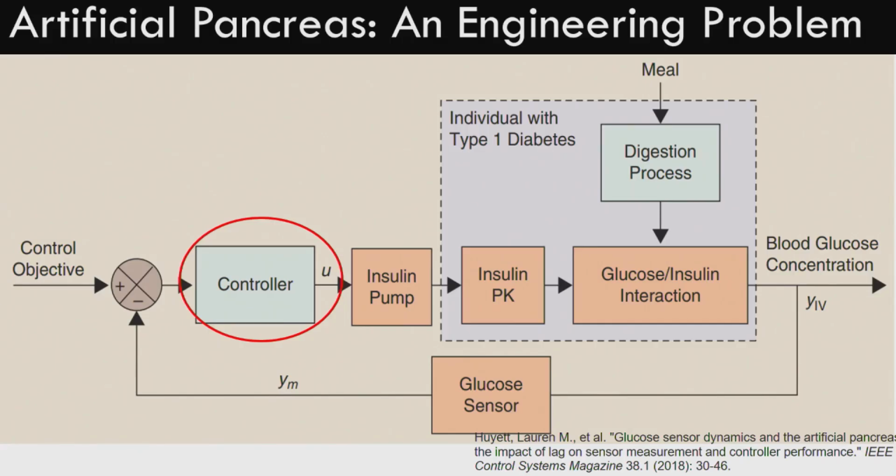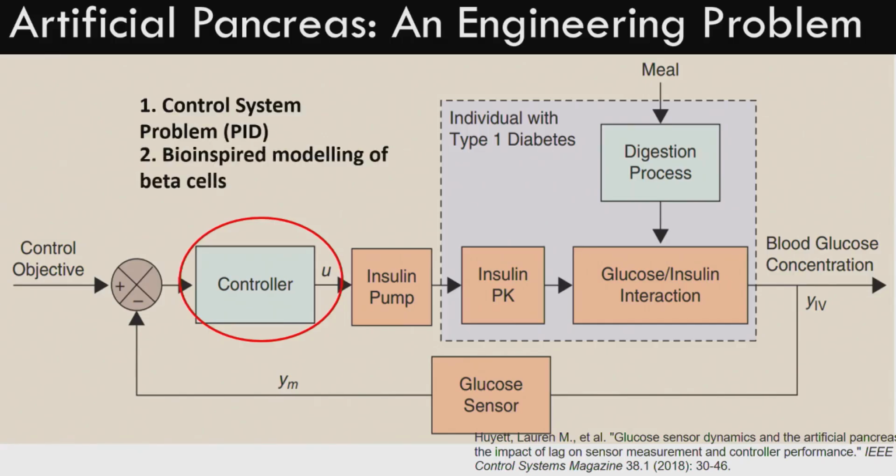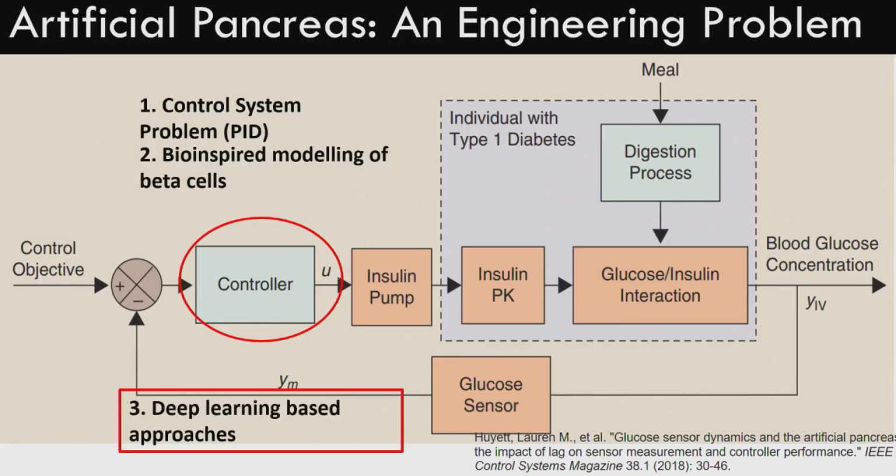The AI model sits here in the controller, and this controller does two things. First, it does the forecasting. After it does the forecasting, it estimates the insulin dose, and this insulin dose is given to the actuator. The actuator, the insulin pump, is the actuator. In today's session we will only be focusing on forecasting.